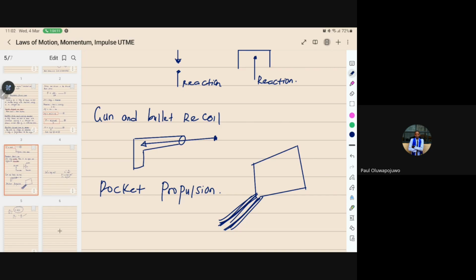Now, as that gas is leaving from the bottom of the rocket, the rocket is propelled forward, and that forward motion is what we call the thrust.